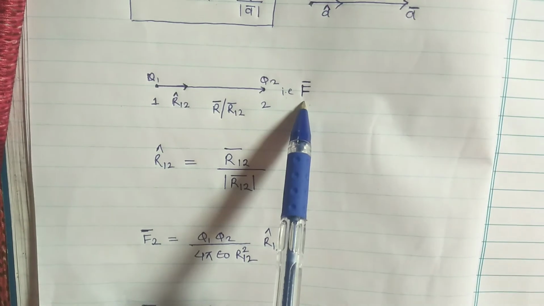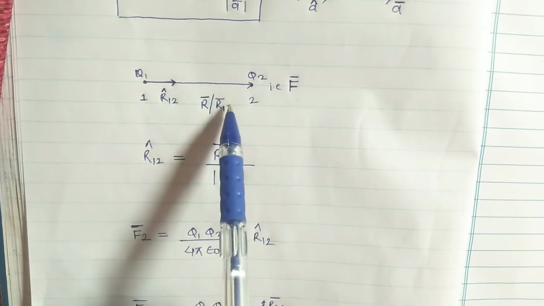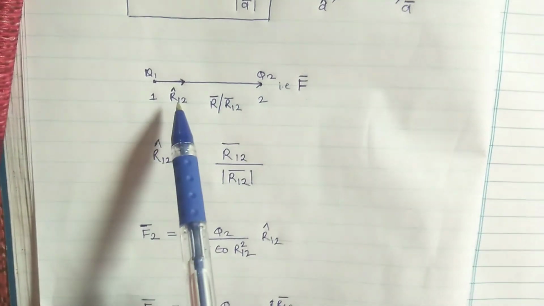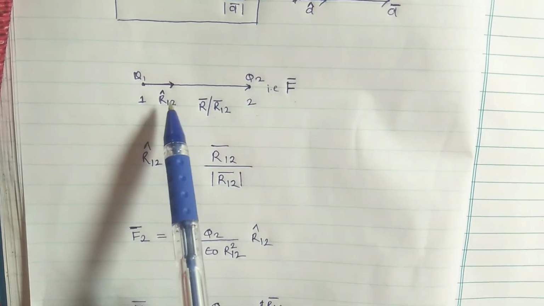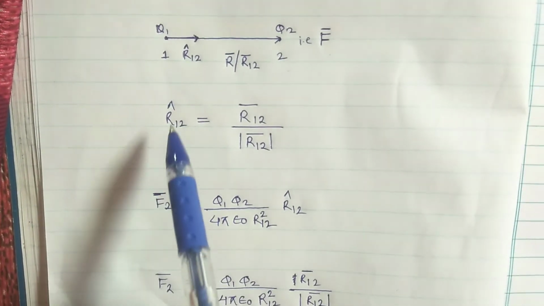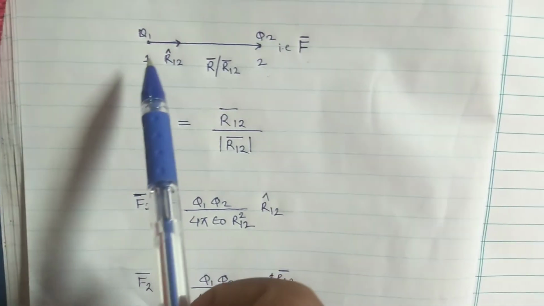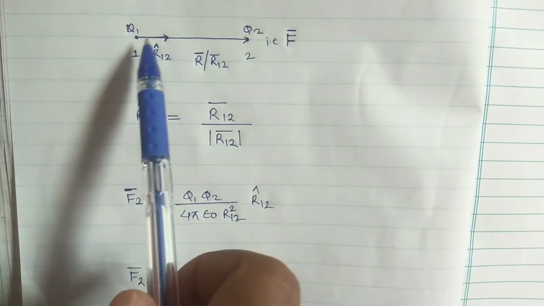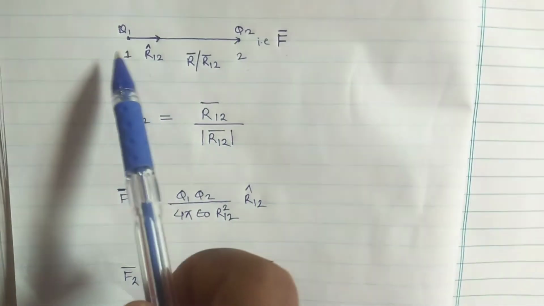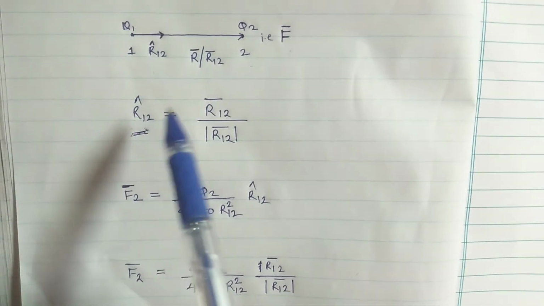So the vector is r bar, or r12 bar, starting from 1 to 2, and the unit vector is r12 cap, right? So you know how to calculate the unit vector along any direction or any vector. If you want to calculate the unit vector along this vector, then the original vector divided by its magnitude will give the unit vector, right?